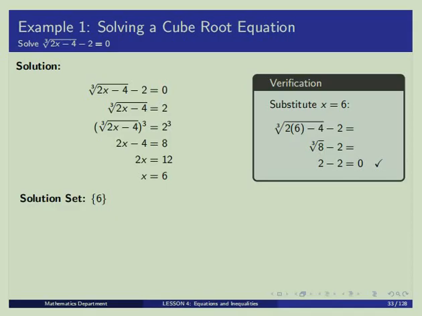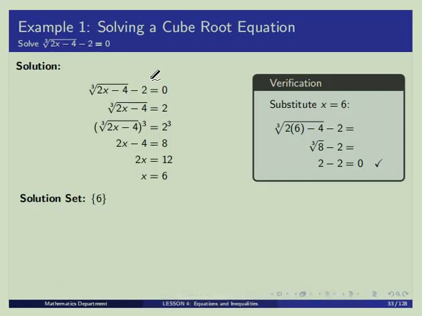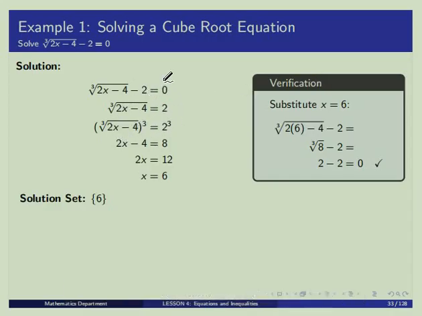For example, if you are given a radical equation of this form and you want to solve it, you take this to the other side. Since it's negative, when it jumps the equal sign it becomes positive, or you can add to both sides.